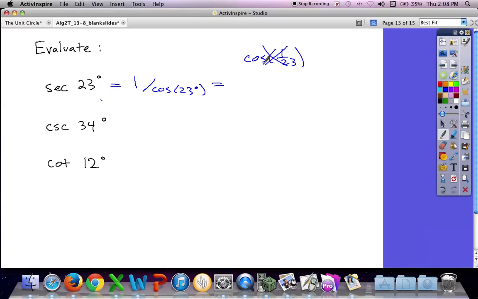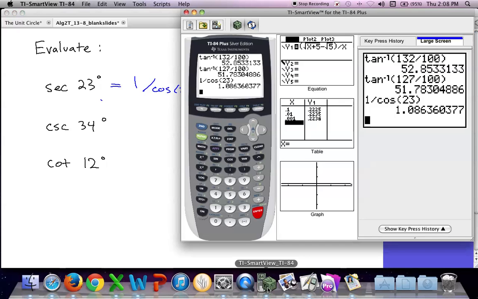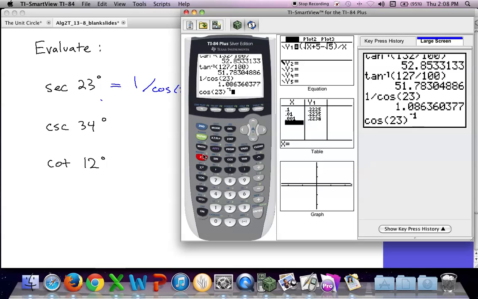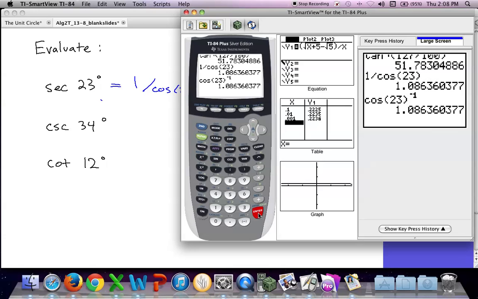Now, could you do something like cosine of 23 and then hit x to the -1? What does that do when you hit that x to the -1 button? It flips it. That should be the same thing. 1.08. That is actually the same thing.